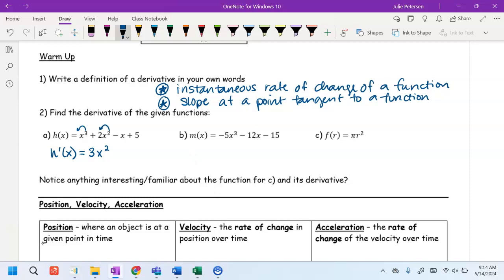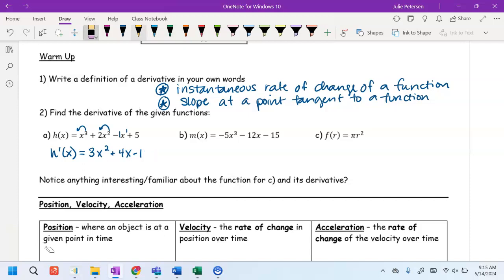That power of 2 comes out and multiplies times the 2 that's already there, and then x squared drops to x to the 1. On the next term, the power is 1, and the number in front is negative 1. So 1 times negative 1 is just negative 1. And then x drops to the power of 0, but we really don't write that. Anything to the power of 0 is just 1.